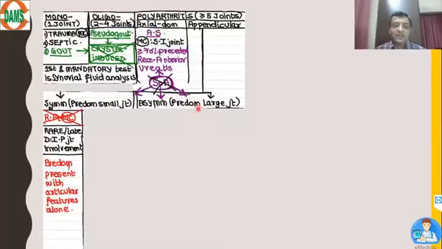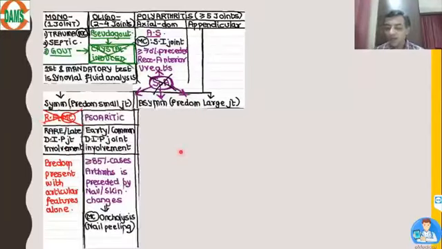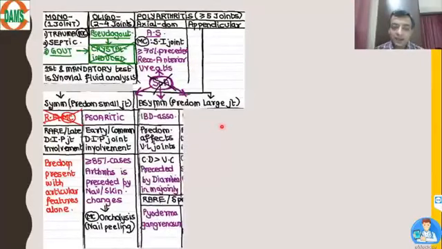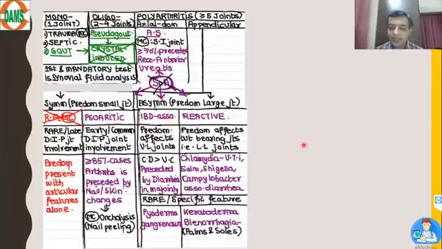If it is symmetrical small joint, the most likely diagnosis is RA. If not RA, it is psoriatic arthropathy. Under asymmetrical, it can be IBD associated or reactive arthritis.